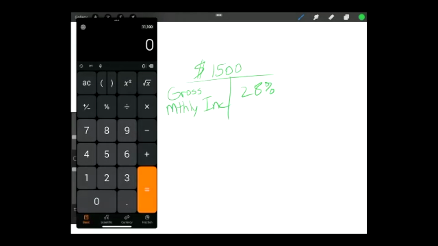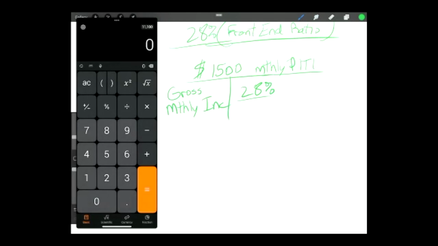So a way that you could see that first one for the front end ratio is like this, as a T formula. The monthly principal, interest, taxes, and insurance is on top. The ratio that it needs to be within is on the bottom, and then the gross monthly income is also on the bottom.